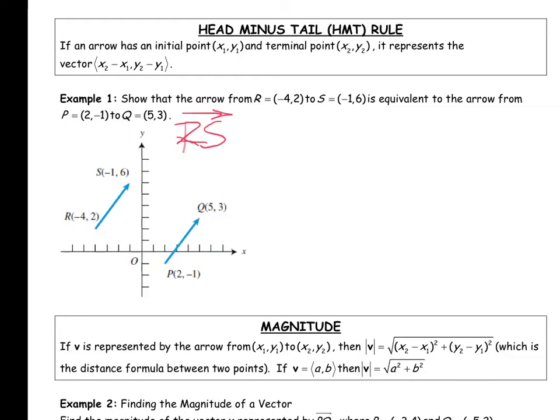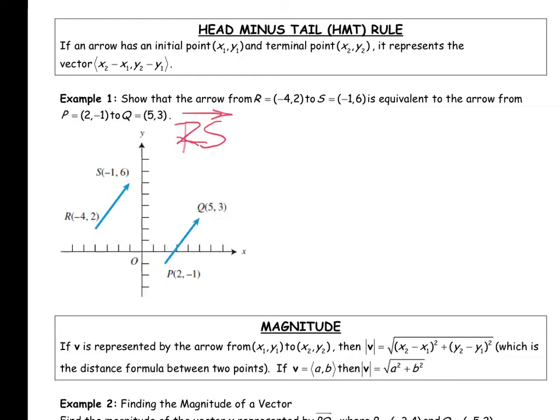I want to see if these two arrows represent the same vector. They are equivalent if two arrows have the same length and point in the same direction, as they represent the same vector. So I want to see if this arrow RS is equivalent to the arrow PQ. And how I'm going to do that, again, is this head minus tail rule.